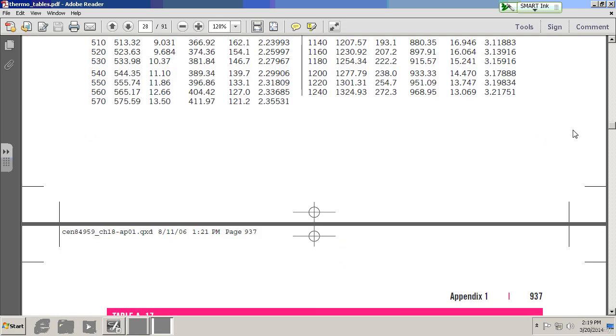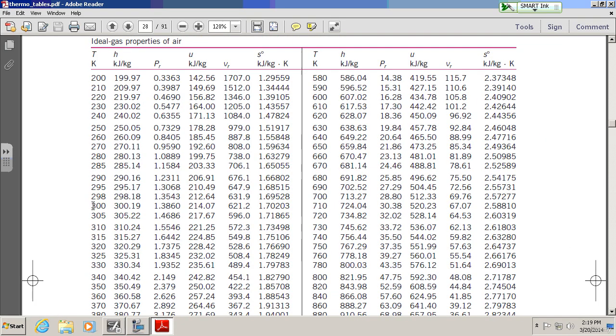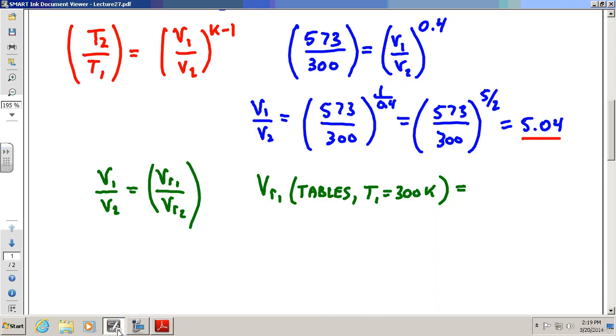Here we go. 300 Kelvin. My VR is 621.2. So for 300 Kelvin, I look up a VR of 621.2. Okay, so I put that in there.